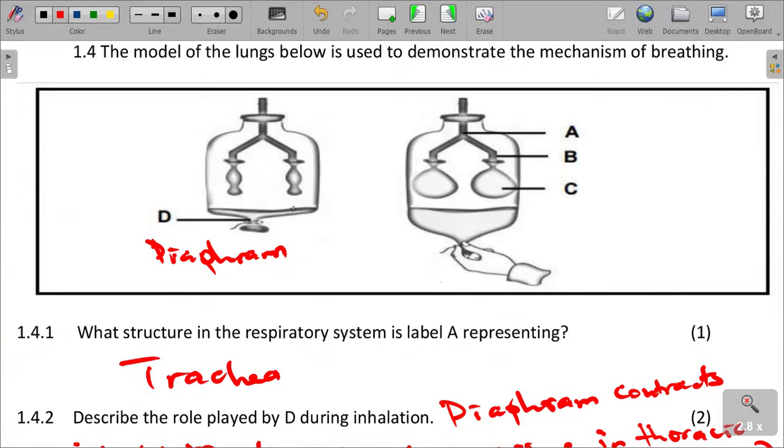But in a human body, that cannot be the same.